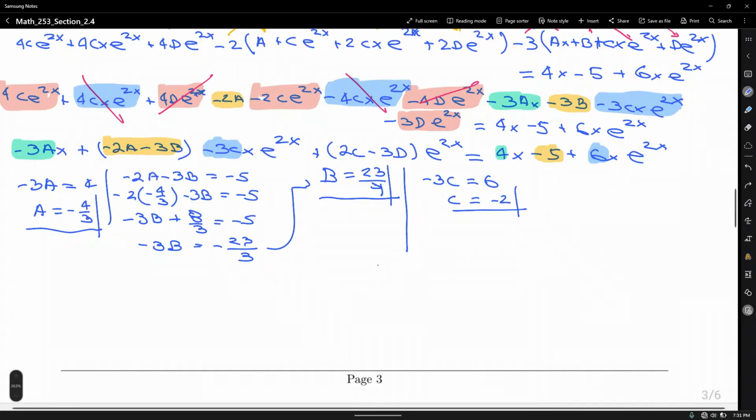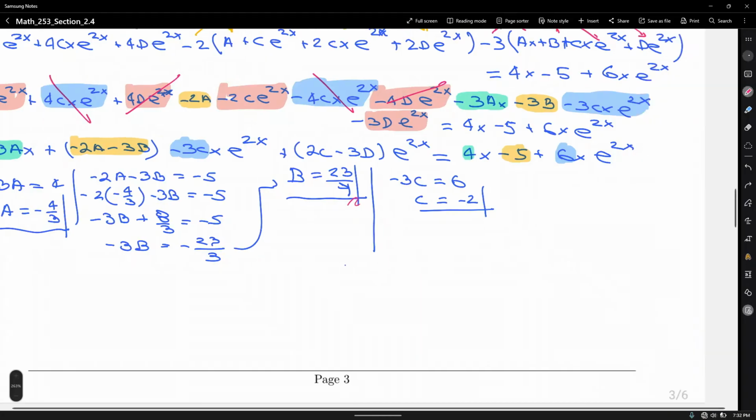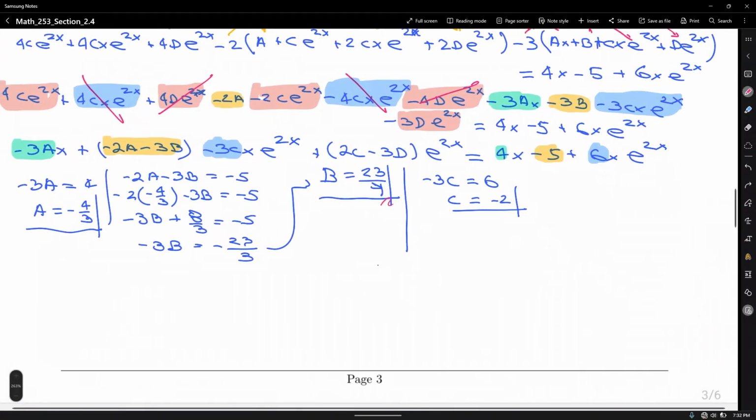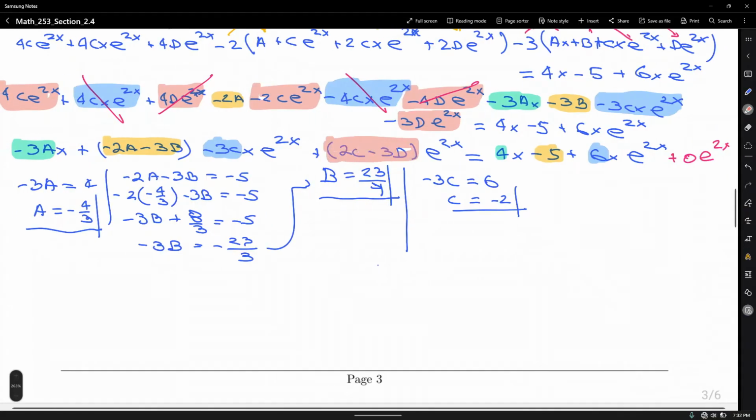Equating the coefficient of the exponential term itself. But here is the thing: for the exponential term with a constant, we don't have it in our forcing function, but you can think of this as 0 e to the 2x. So we highlight the coefficient of e to the 2x and let it equal to 0.